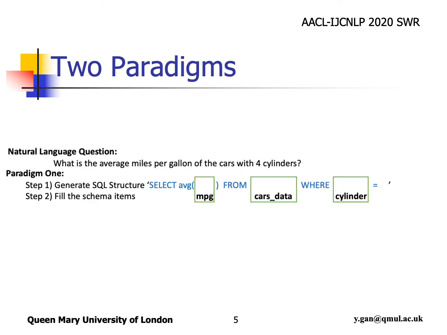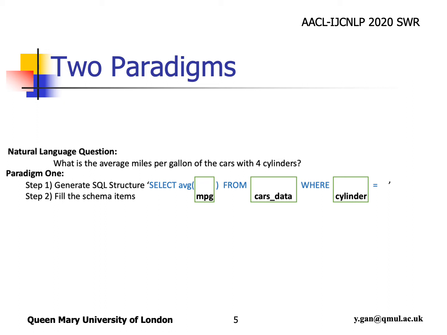In the beginning of our paper, we divide these models into two paradigms. Every paradigm contains a two-step process toward text-to-SQL. Here we are showing the first paradigm. In this paradigm, models will generate the SQL structure first, and then fill the schema items into the SQL structure.